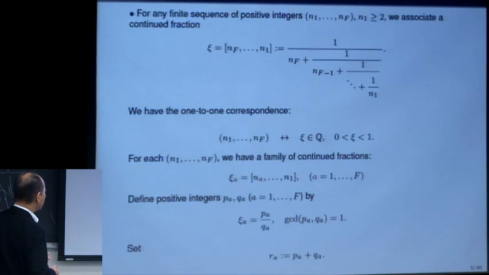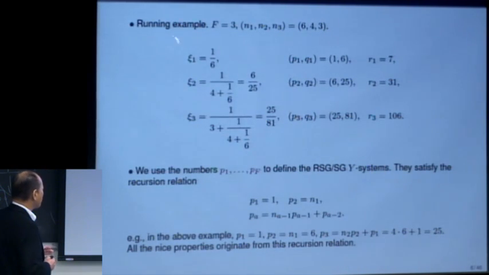I'll give an example. So this is our running example. Suppose f is 3. I call this the generation, and if there are only 3 generations, like 6 for 3, the first generation is 1 over 6. Second, this number. And you have such a sequence of integers. Also, you can add these numbers. You get another sequence of numbers.